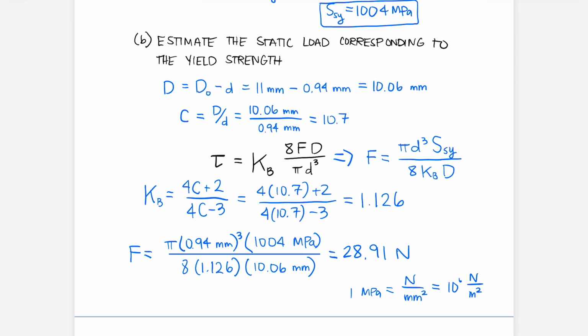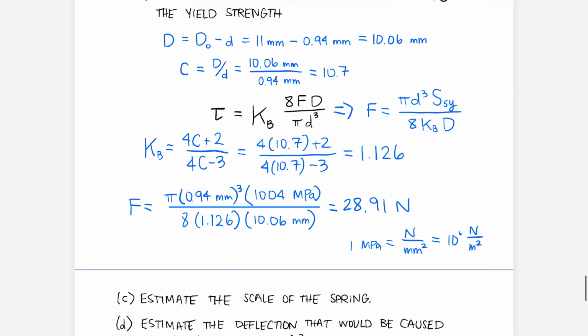If that's confusing to you, you can always convert your megapascals back into pascals and your millimeters into meters. You'll get the exact same answer, but this just saves you one step, which could be the difference in making a mistake or not. So megapascals, millimeters and newtons are what we'd call consistent units.